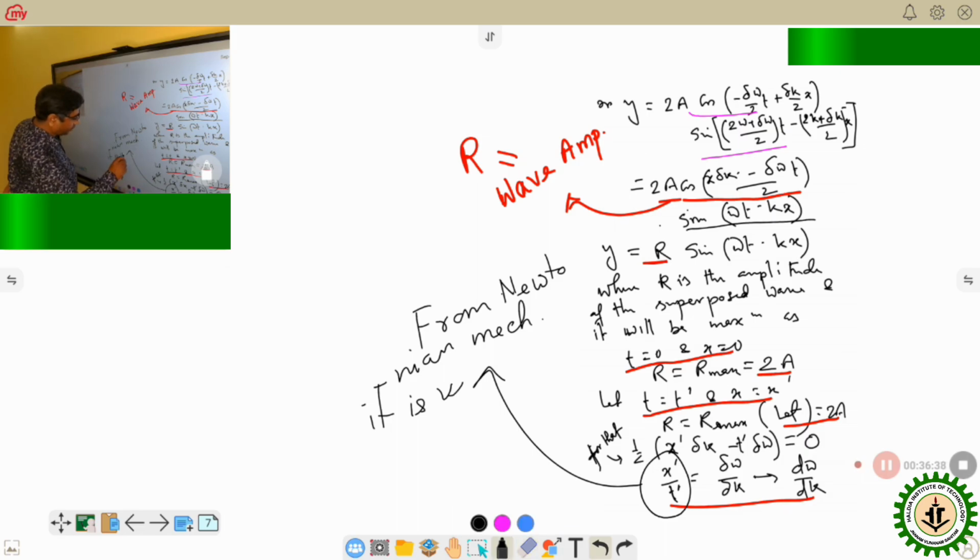Sorry, it is the velocity of a particle. We know for any particle we need a specific position and specific time, which is coming out from the above discussions.